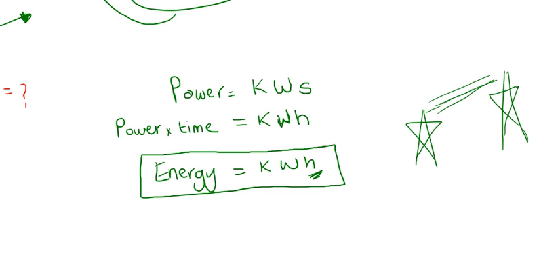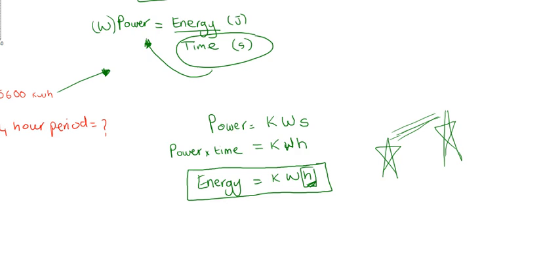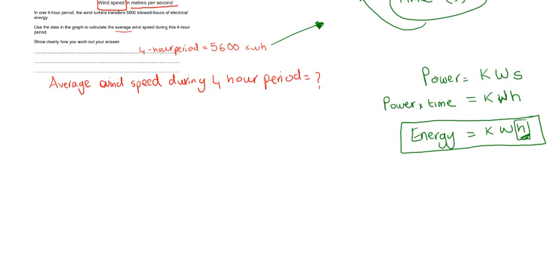The power required at 12 o'clock midday will be different to 3 o'clock at night. So we normally work with hours rather than seconds or minutes, hence kilowatt hours. So now we understand that kilowatt hours is in fact energy.